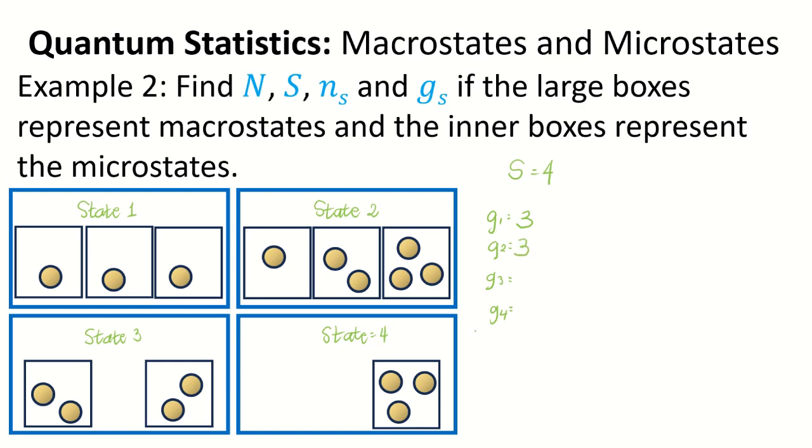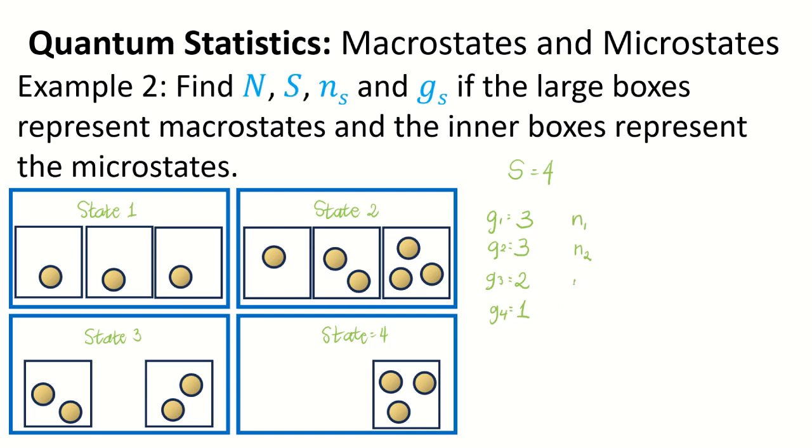For state 3, we have 2 smaller boxes, or 2 microstates, therefore G sub 3 is equivalent to 2. And lastly, for state 4, or macrostate 4, we have 1 box, or 1 microbox, therefore G sub 4 is equivalent to 1.